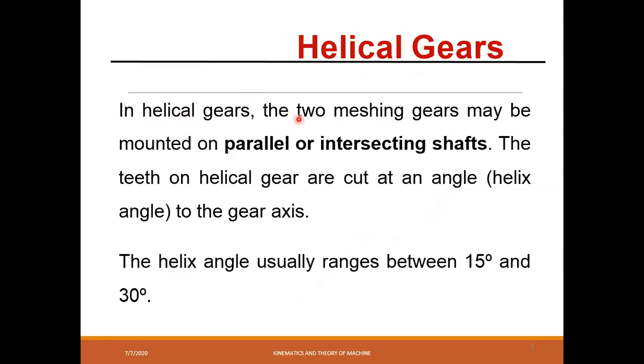In helical gears, the two meshing gears may be mounted on parallel or intersecting shafts. The teeth of helical gears are cut at an angle called the helix angle.